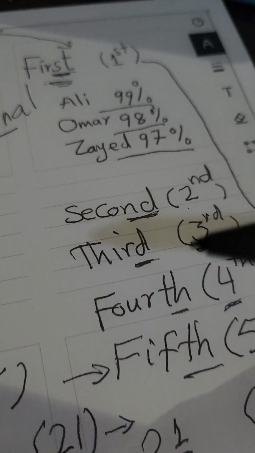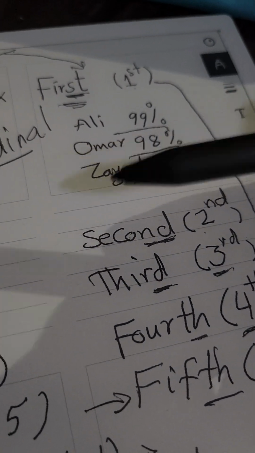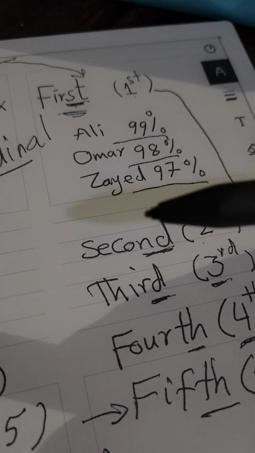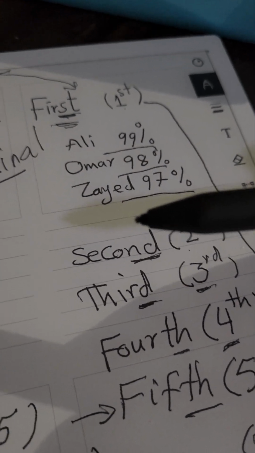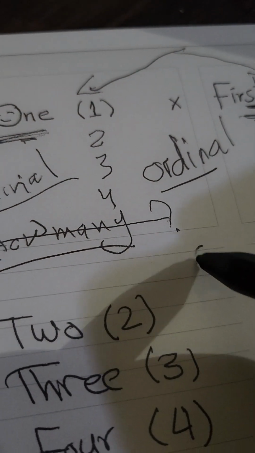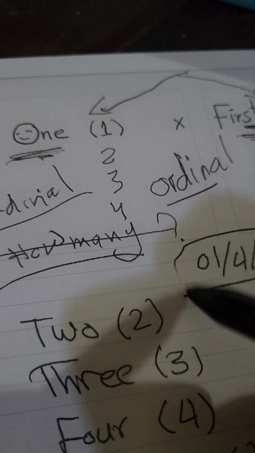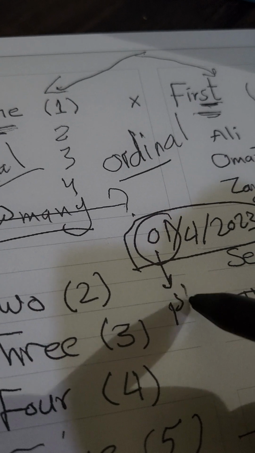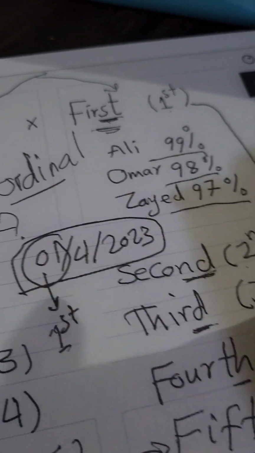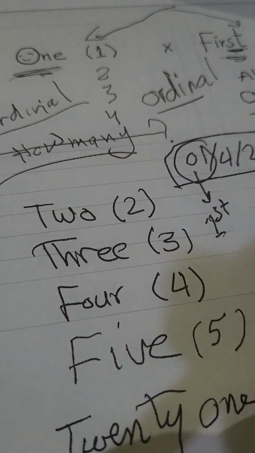The last thing is that they are used in dates. If you want to say what is today's date, you say today is the 1st of April, not 1 of April. You say the 1st of April 2023. So always in the date you use this one, not 1, 2, 3, 4, 5.